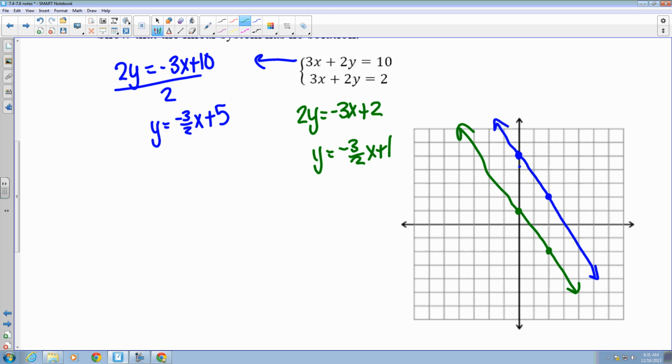So no solution. It looks like when we have no solution when we graph two lines that they are parallel because parallel lines don't intersect. Therefore, they don't have any solution.